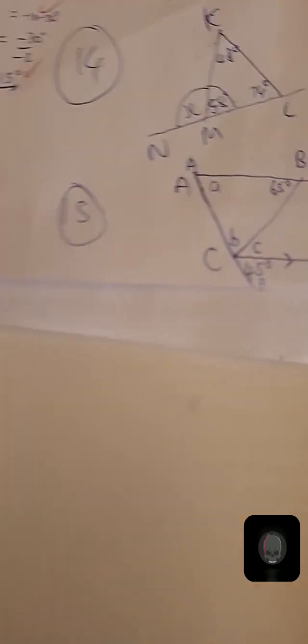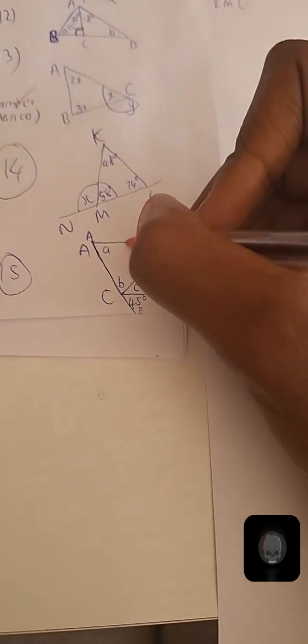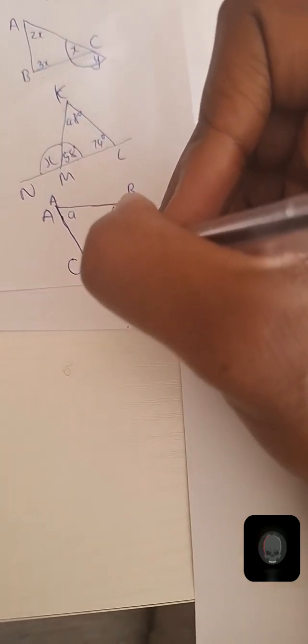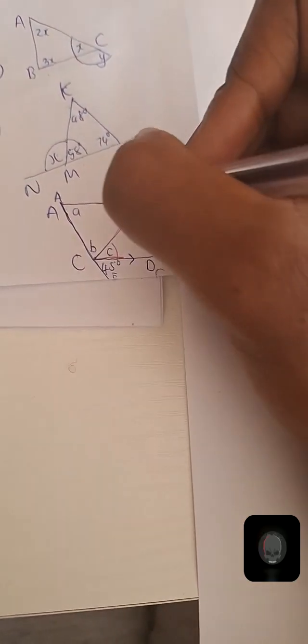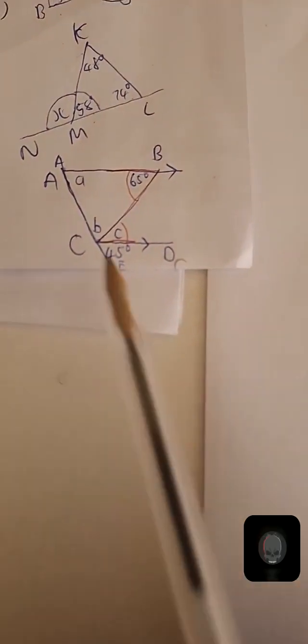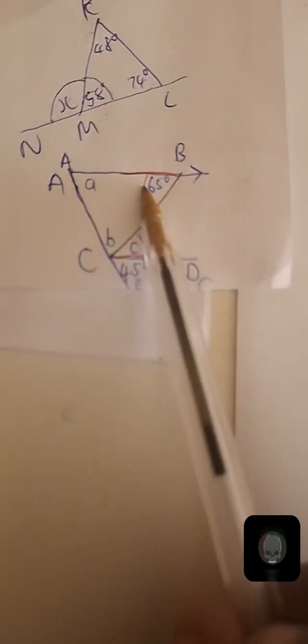Their relationship, the C and the 65. There's a parallel line. There's a Z formation happening here. We have this angle and this angle. Seems like our Z shape has come to the rescue. Tebogo is 100% correct. C is definitely equal to 65.